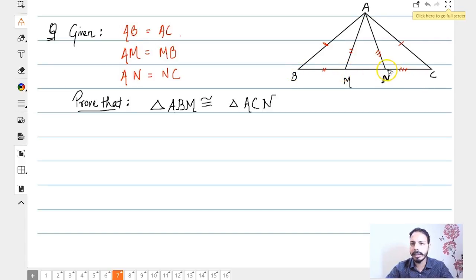Okay, and it is also said that NC is equal to AN. Okay, so now they are saying to find that this triangle ABM is congruent to ACN. Okay, fine, let's see if we can solve this. So take your time, try to think about it, and then I will solve it.